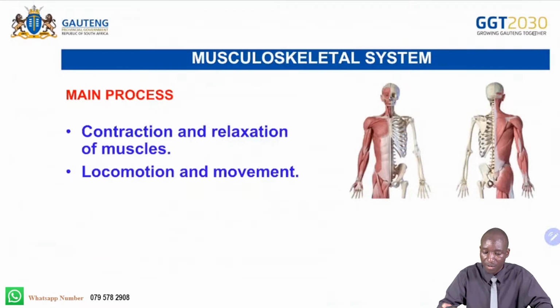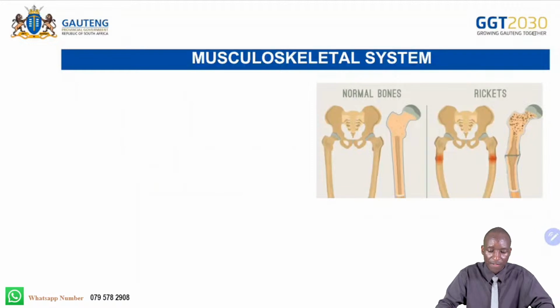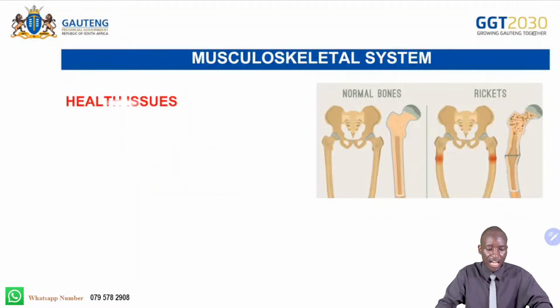On the diagram, we've got the muscles part of the system, and then we've got the skeletal part of the system. So these two systems work together to perform one system, which is called the musculoskeletal system.